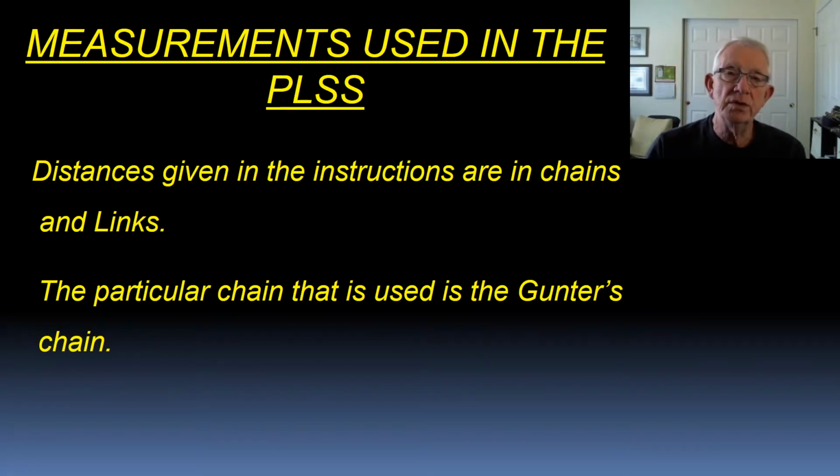The way they measured townships and sections was using an instrument called a chain. The distances given in the instructions were in chains, and one chain would equal 66 feet. And it was called a Gunther's chain.